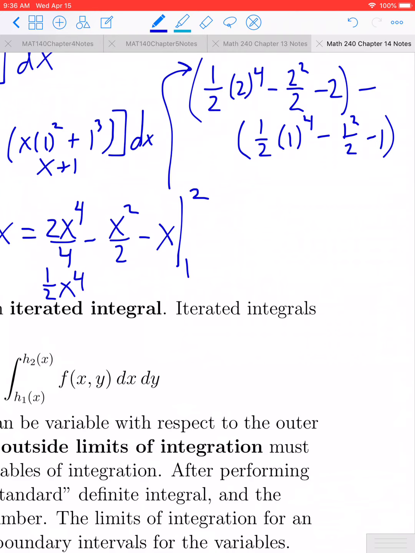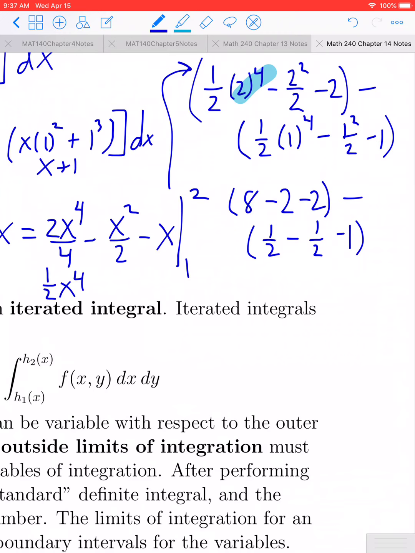And now we just have to evaluate this. 2 to the 4th is 16, and half of 16 is 8. 2 squared is 4, 4 divided by 2 is 2, minus 2. Then 1 to the 4th is 1, times a half is a half. 1 squared is 1, minus a half, minus 1.